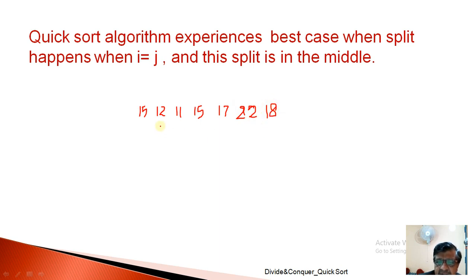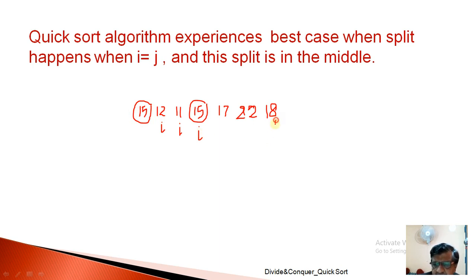So I will start from over here. It will move because 11 is lesser than 15. It will come and stop over here because this elemental value is equal to pivotal value. Therefore it has to stop.